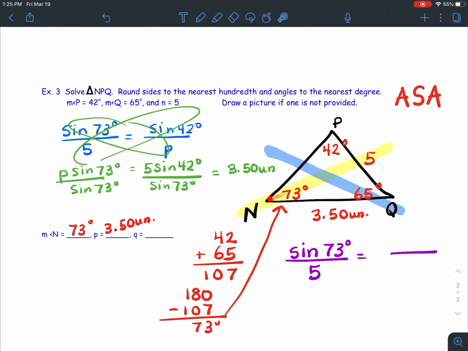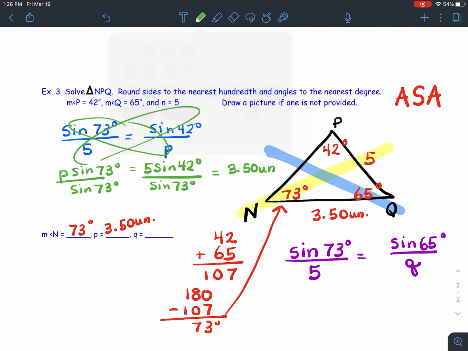It's better to use this fraction to find side Q than the other one, because this side length, 3.50, we got from typing this in, and we actually rounded that number. It's better if we can stay away from making a calculation using a number that we have rounded. So that's why I'm going back and still using sine of 73 over 5. That's going to be equal to sine of 65 over side Q.